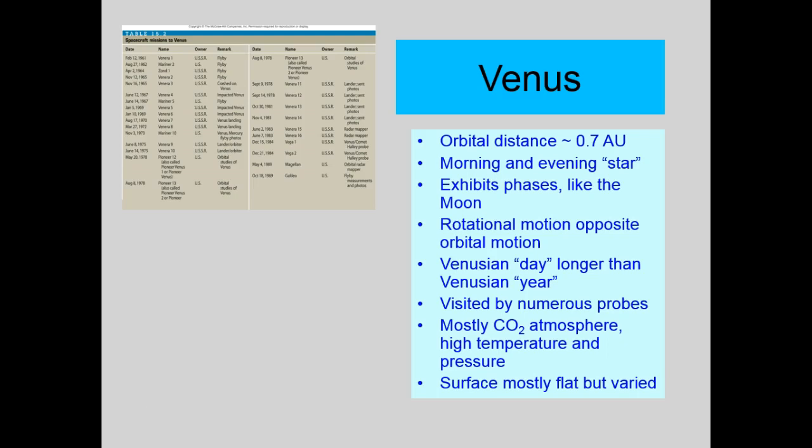If you'll notice the last two in your book, the one in 2006, the owner was not USSR, not US, but ESA. What in the world is ESA? European Space Authority or Agency. So they are in the picture. And many of the things up there now are international.